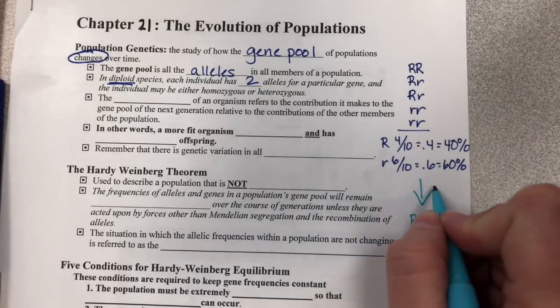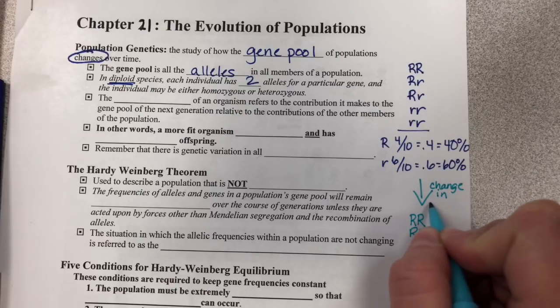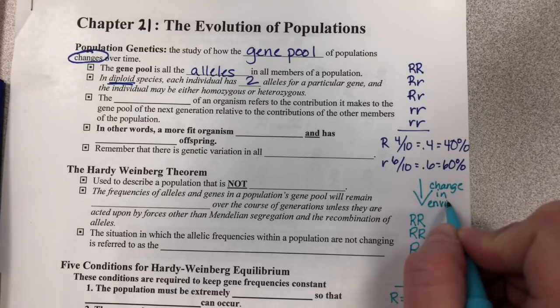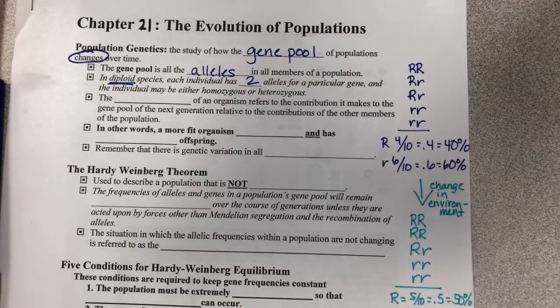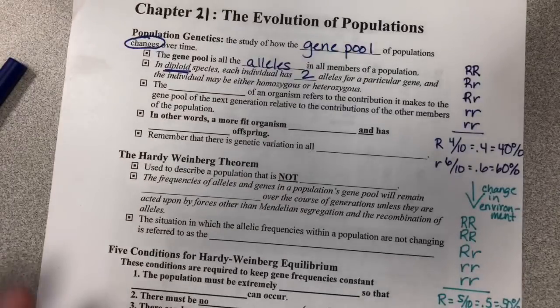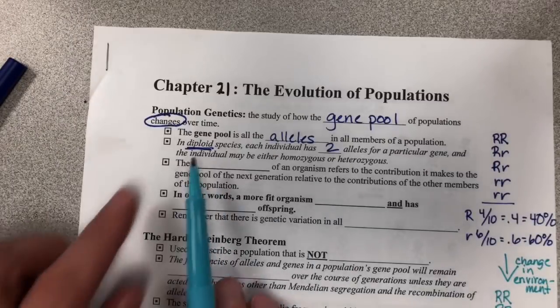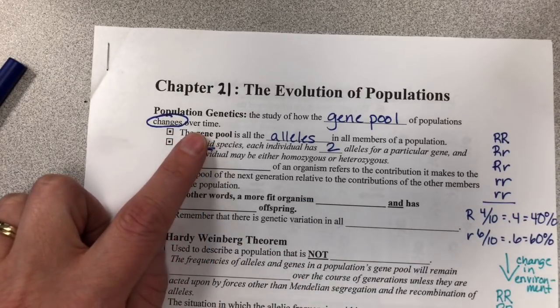We can put here that this is a change in environment that could cause that, where now it's beneficial to have the big R. That's what it means that the gene pool of a population changes over time.